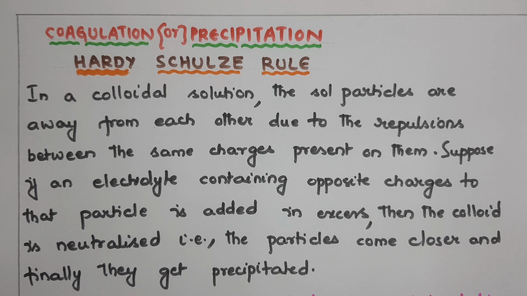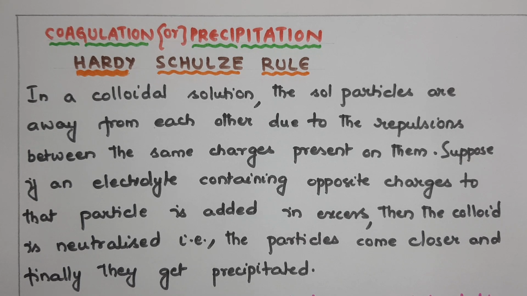Because of the repulsions between the same charges present on sol particles. Because of this reason, the sol particles in a colloidal solution are far away from each other. Suppose we add an electrolyte containing opposite charges to that particle in excess.